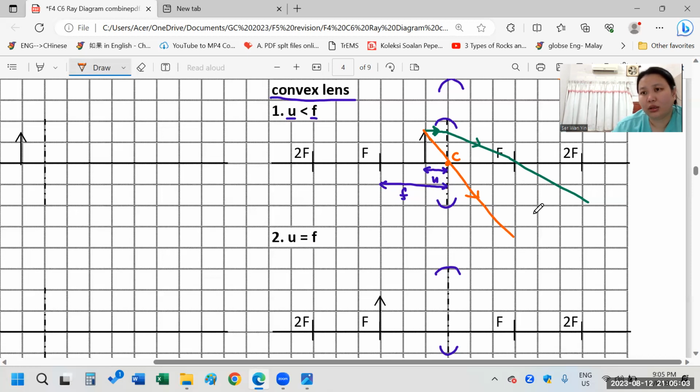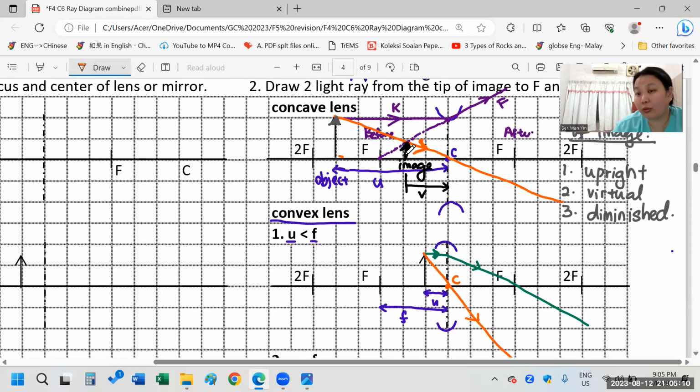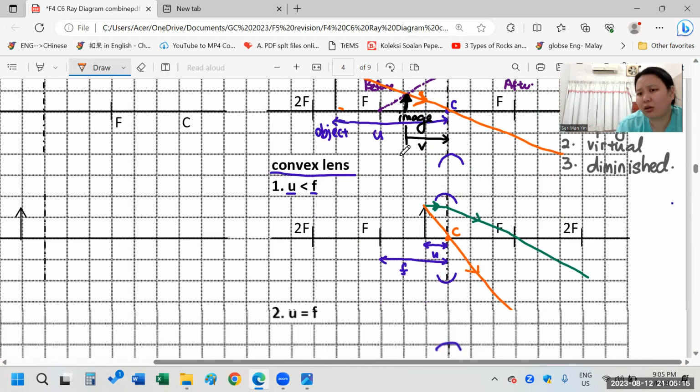Then you will find out they diverge. They do not intersect. Remember just now how we drew the image? They intersected. But now they're not. So what should you do? Extrapolate back this orange line. Use ruler, extrapolate.